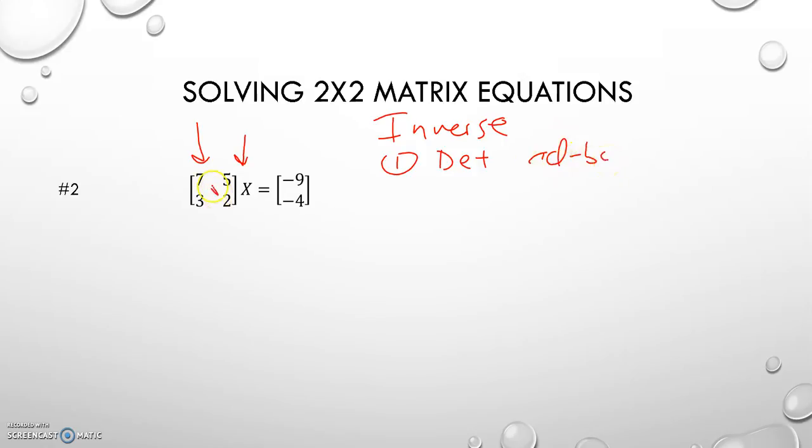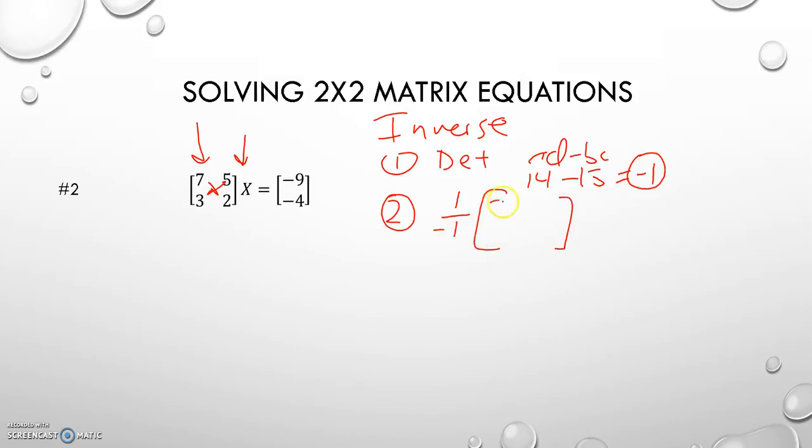A times D is 7 times 2, that's 14, minus B times C, that's the 3 times the 5, which is 15. And that gives us -1. So our determinant is -1. But then the second step in the process is to take 1 over the determinant, which is 1 over -1, and multiply it times a new matrix.